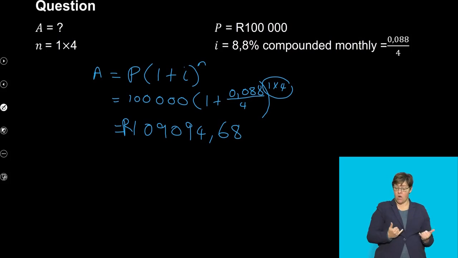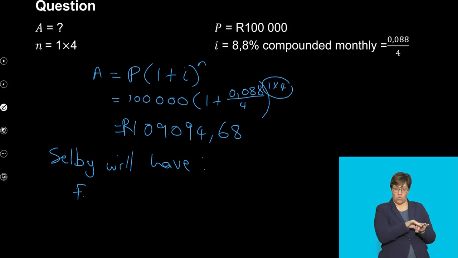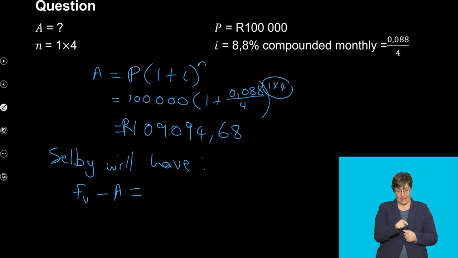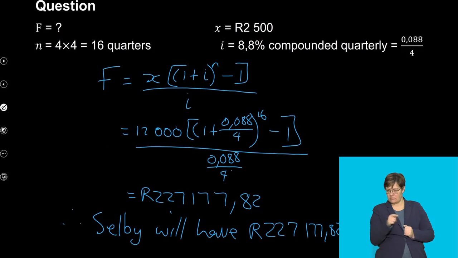Now, for us to find how much cell B will have, you will say the future value minus the A that we just got here, and that will give us how much cell B will have. So let's quickly go back and write down what value we got for the future value.